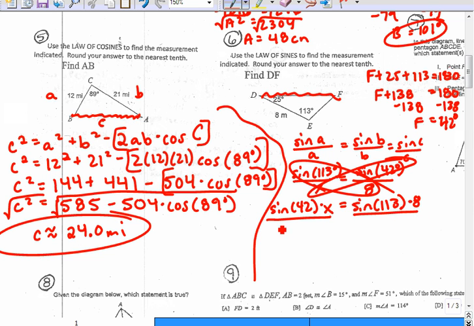We divide both sides by the sine of 42 degrees, and I get X is approximately 10.6 meters.